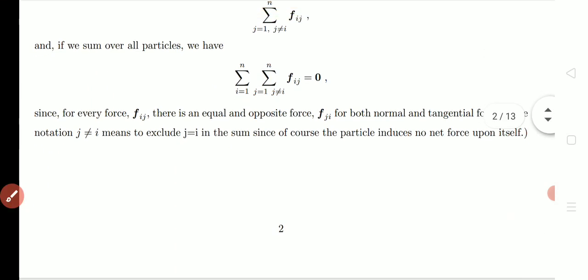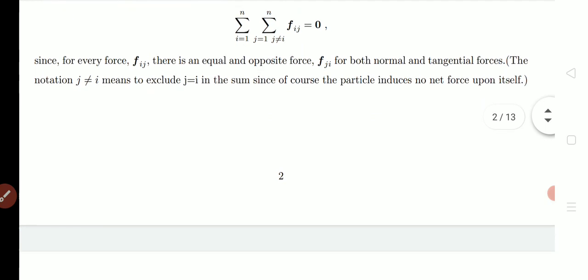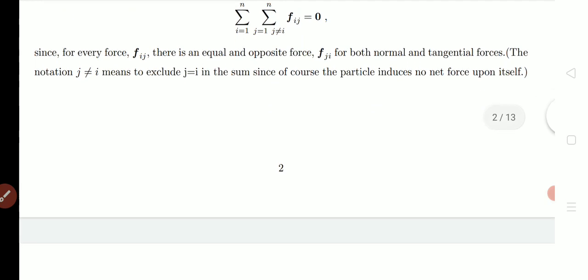Since for every force Fij there is an equal and opposite force Fji, for both normal and tangential forces. The notation j not equal to i means to exclude j equals i in the sum, since of course the particle induces no net force upon itself.